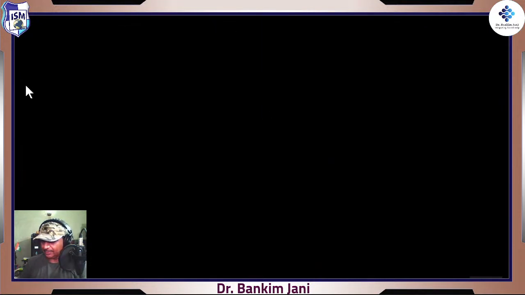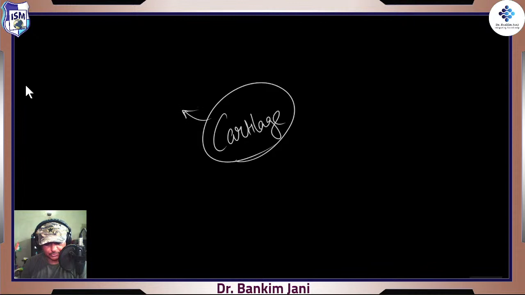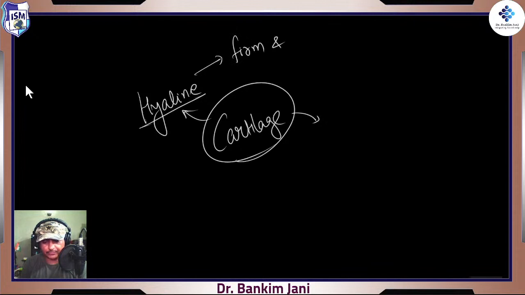And finally, we create that cartilage brain map. Two types. One is the hyaline cartilage. The speciality of hyaline is that it is firm and strong.